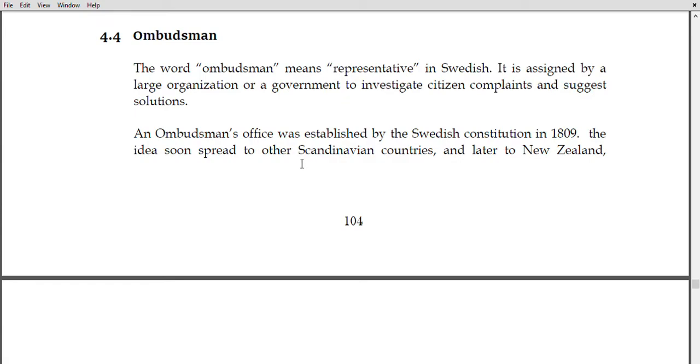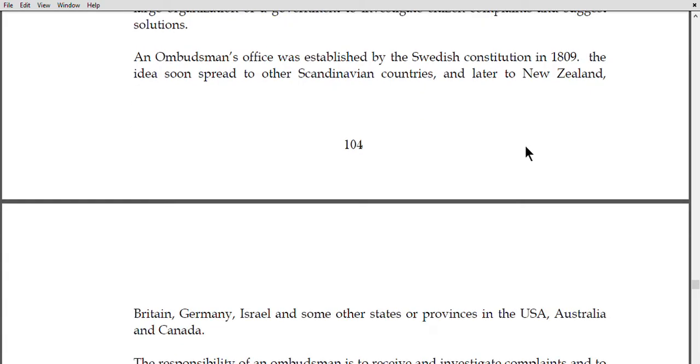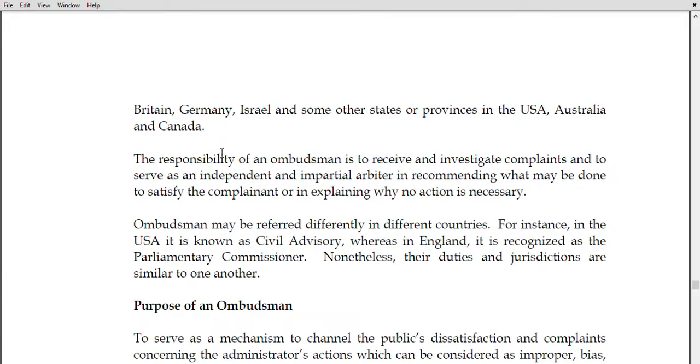An ombudsman office was established by the Swedish constitution in 1809, and the idea soon spread to other Scandinavian countries and later to New Zealand, Britain, Germany, Israel, and some other states or provinces in the USA, Australia, and Canada.